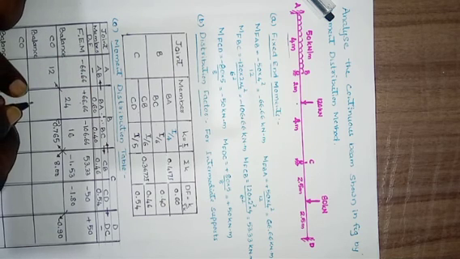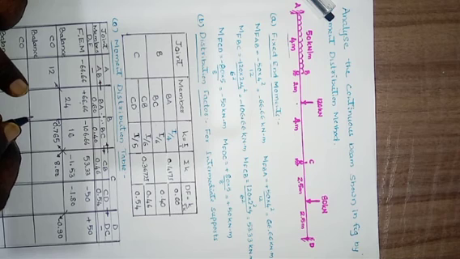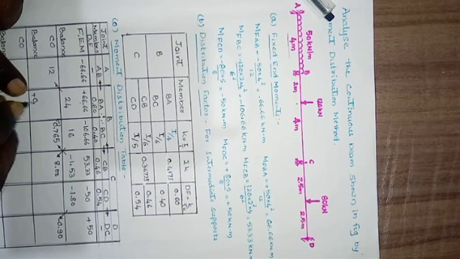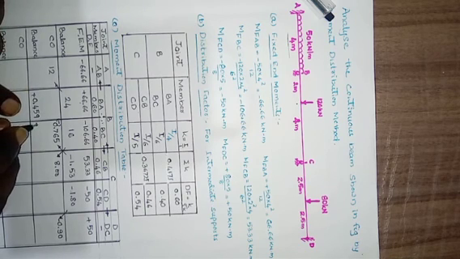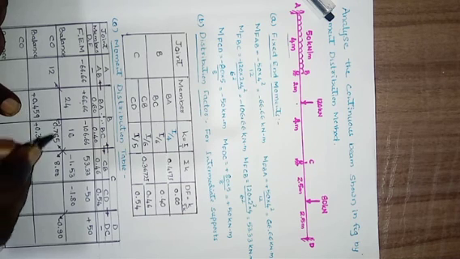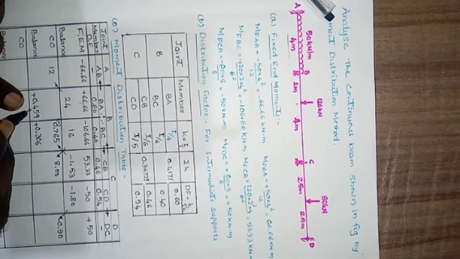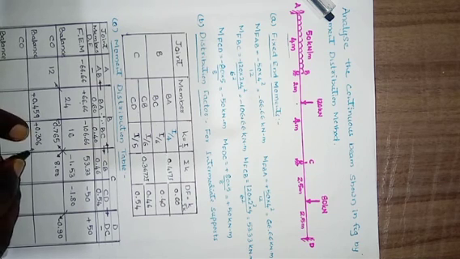Here this one is 0.765 into 0.6, that one is 0.459. Similarly for this, that is 0.306. The summation, minus 0.765 plus 0.459 plus 0.306, is 0. That means the joint B is in equilibrium condition.